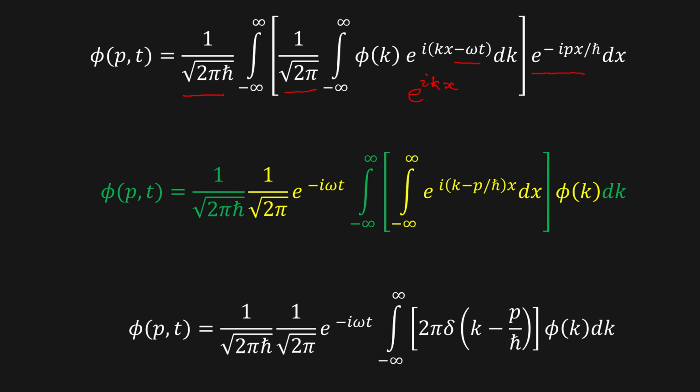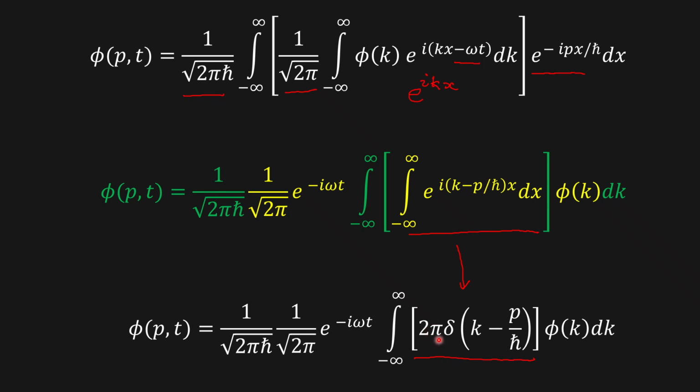First, you carry out this integral. The value of this integral is what I have shown here: 2π times a delta function, by definition. That is δ(k − p/ħ). So we have taken this argument without i and x. By definition this is a delta function with a multiplicative factor 2π.